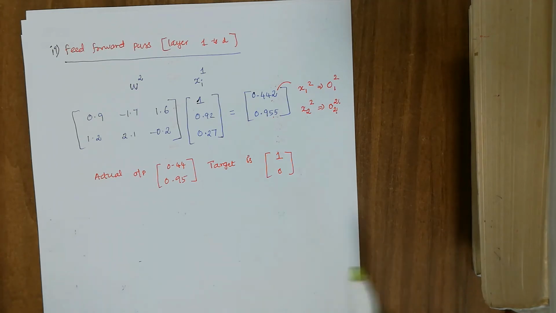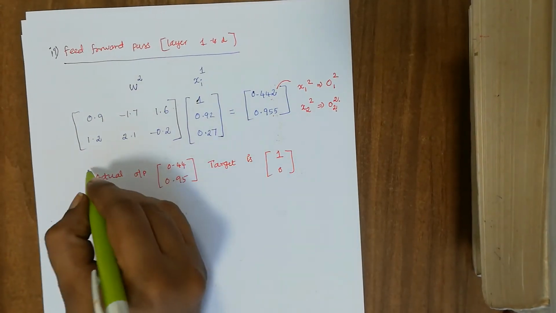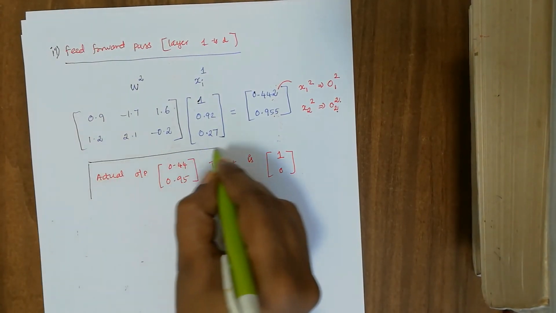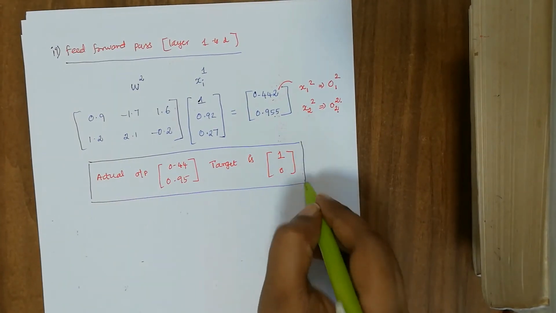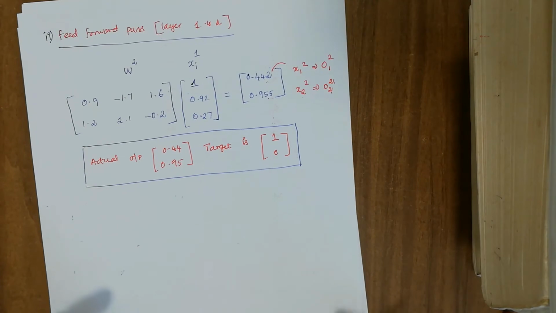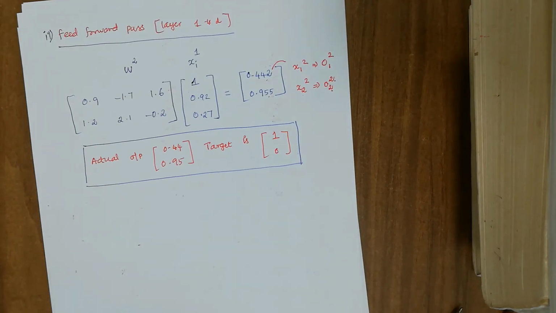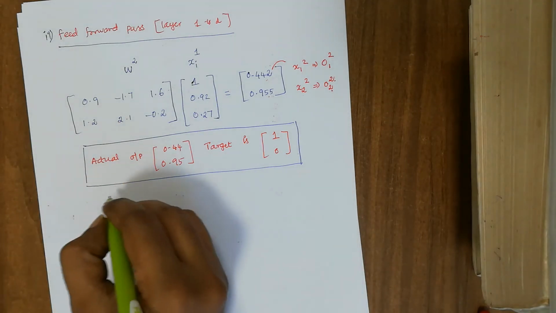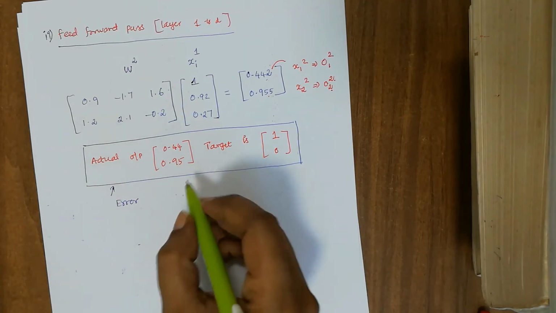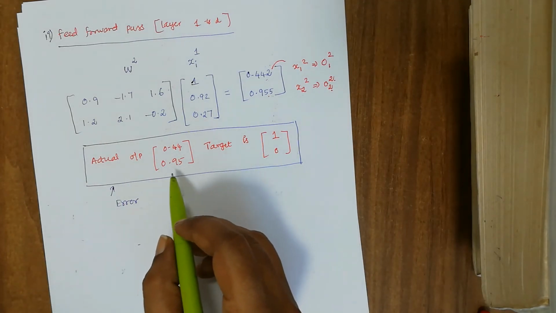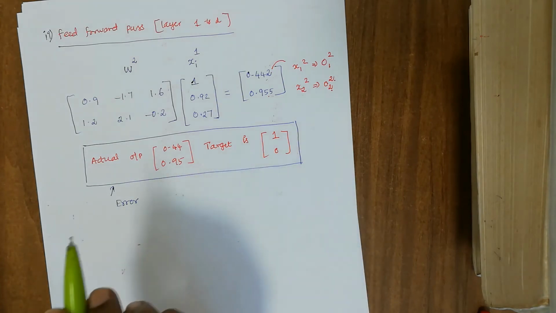So actually the difference between the actual and the expected output is the error. Okay, now we have taken a derivative of this error function. Okay, now we have to substitute this value. Okay, this is the error. The difference between the actual output and the target output is the error.